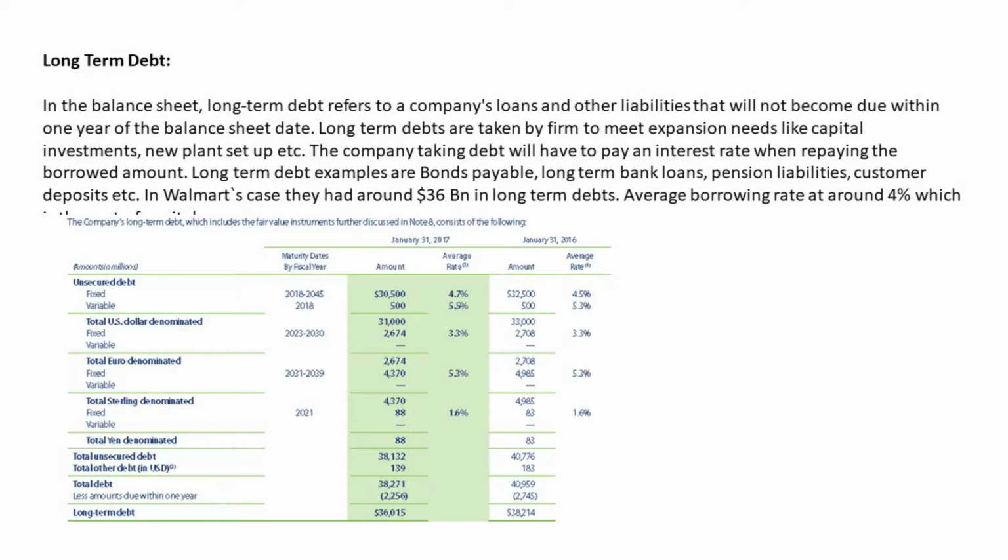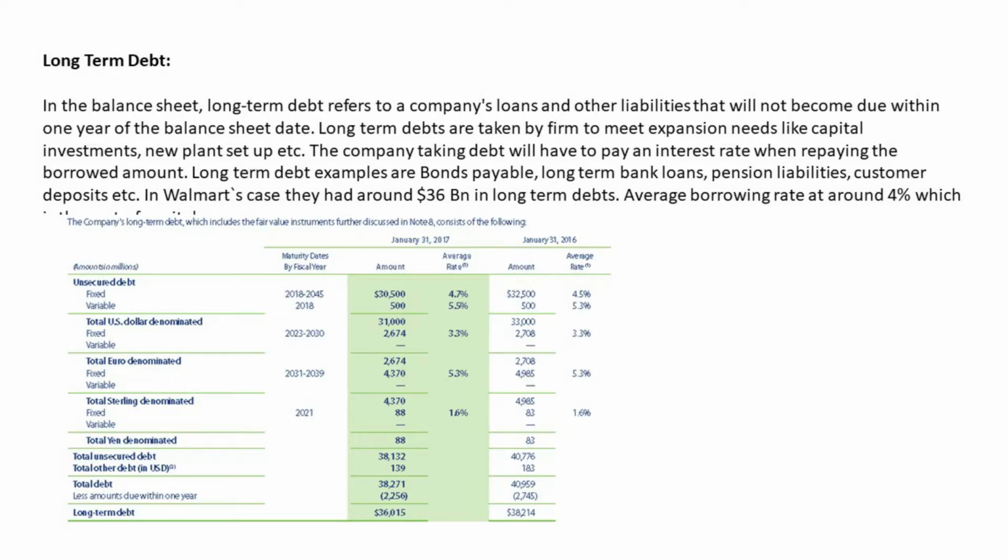Long-term debt is the main portion of the long-term liabilities. As the name says, it is the long-term debt which the companies or firms took as loans from financial institutions and banks, and these are due in more than 1 year.